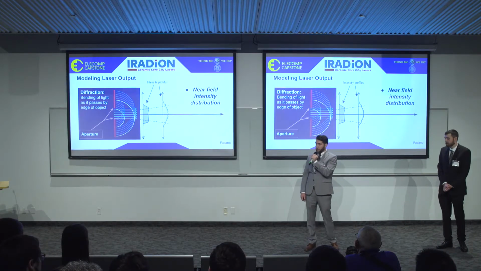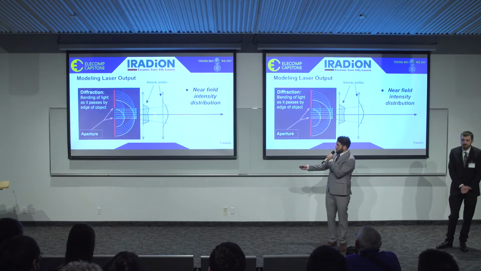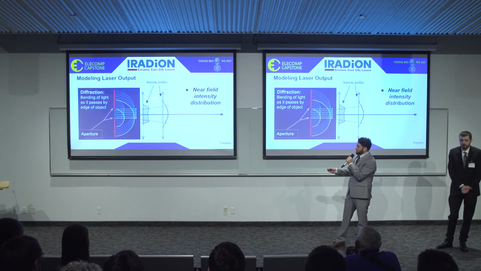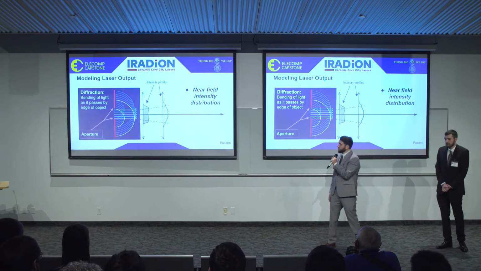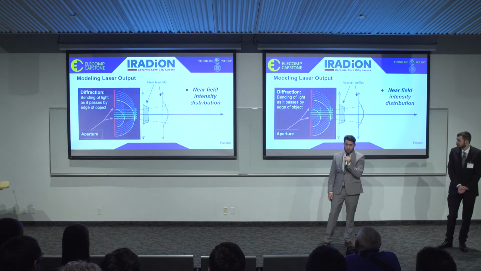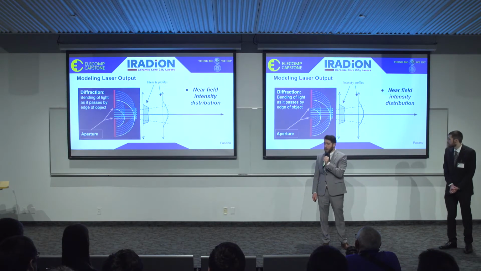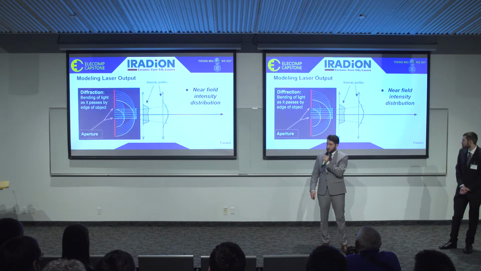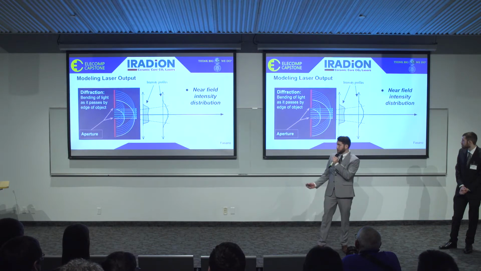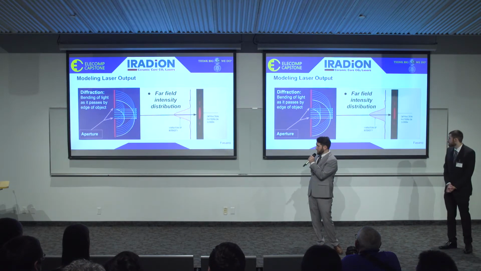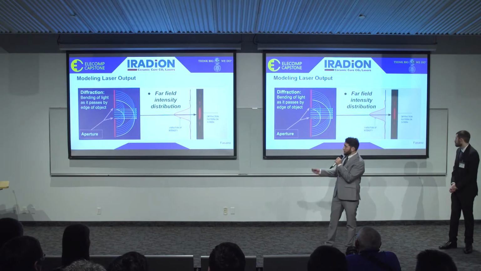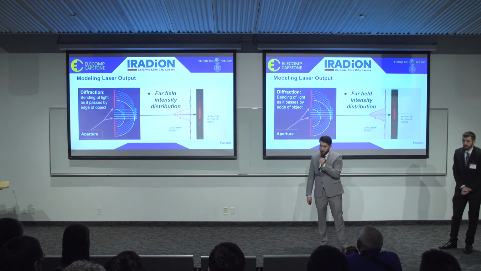For short-range propagation distances seen here, we can see that this intensity profile has a broad distribution and chaotic fringe pattern. This is known as near-field intensity distribution. As we increase our distance, however, and get sufficiently far away from the source of diffraction, we see a far-field intensity distribution, which is characterized by a smooth, concentrated Gaussian beam.